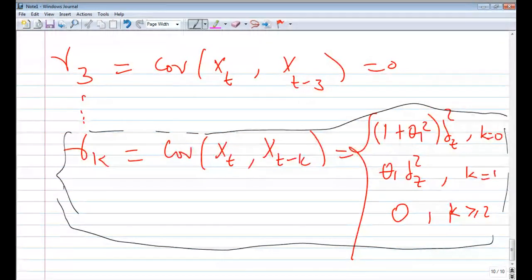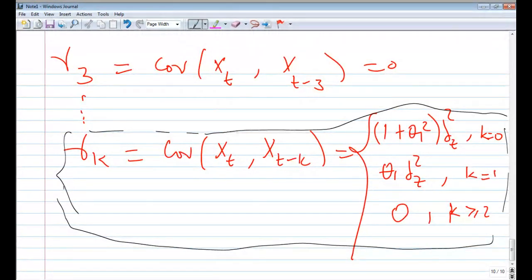That is the autocovariance function altogether. Any question before we proceed? None. So this is how you calculate the autocovariance function. This is the method for calculating the autocovariance function.